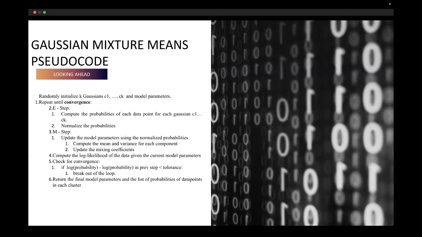Finally, the model is evaluated and the optimal number of Gaussian components is selected based on a criterion such as the Bayesian information criterion.